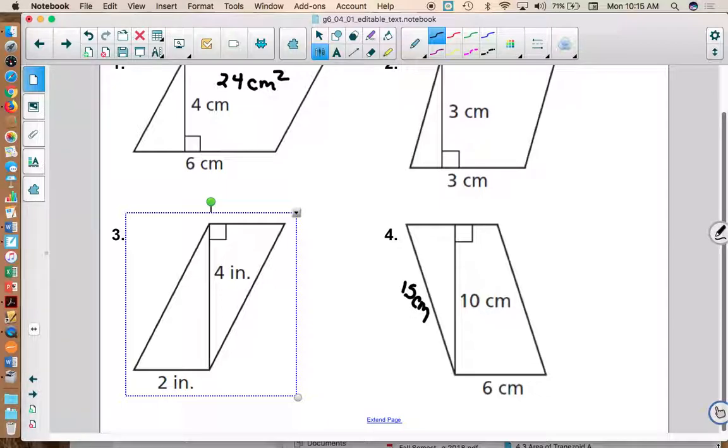He's absolutely correct. You always use the height where your right angle is being shown. That tells you it's straight up and down. The angle is just another measurement, but it doesn't affect the area. So on number 4, you would say 10 times 6 equals 60 centimeters squared.